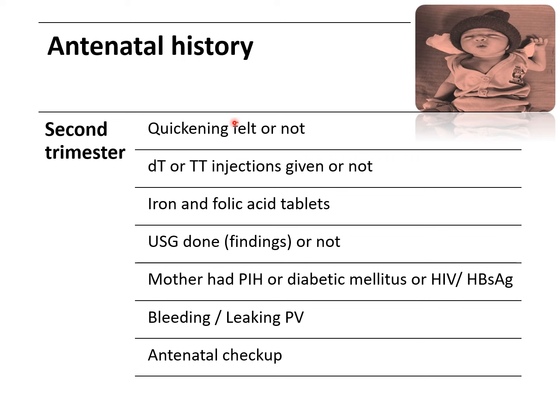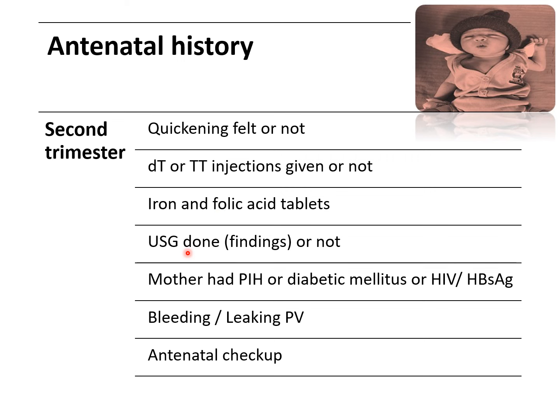In second trimester, we have to ask mother felt the quickening or not and about the TT injection, at least 2 doses received during the pregnancy. Then iron folic acid tablets were continued. Folic acid tablet ideally should be started 1 month before conceiving and should be continued. And iron should be started in second trimester.